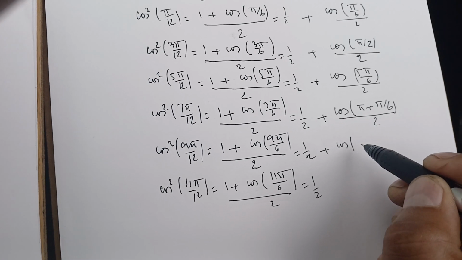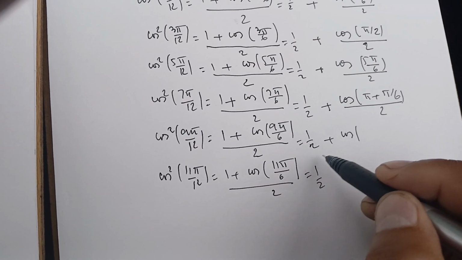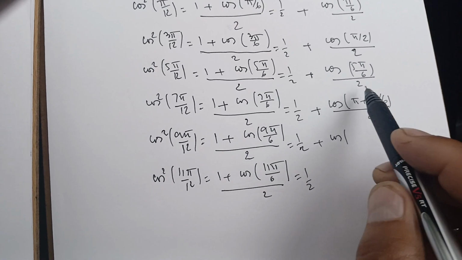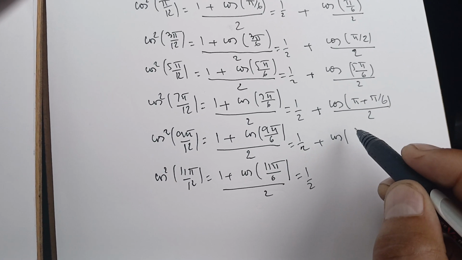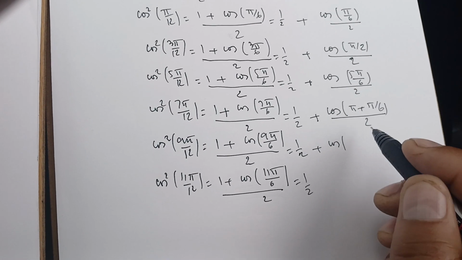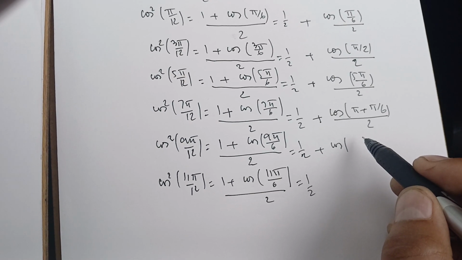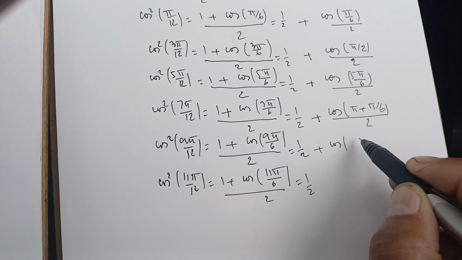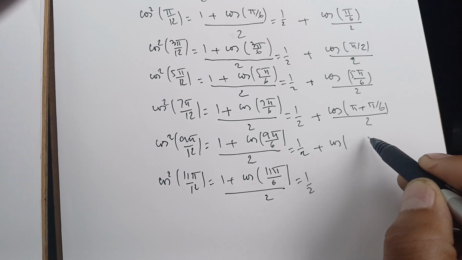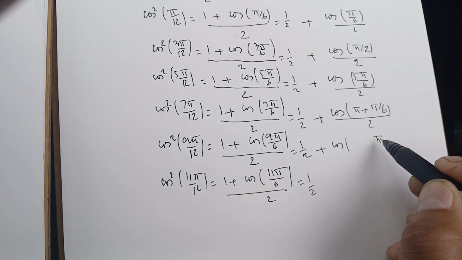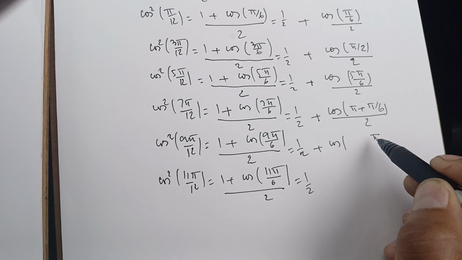Let me write it, because I need it for some of the formulas, because I want to cancel. The best way to get rid of it is to write it in terms of pi.